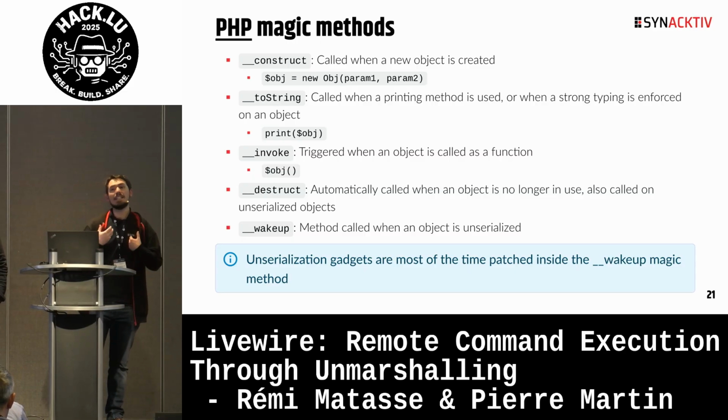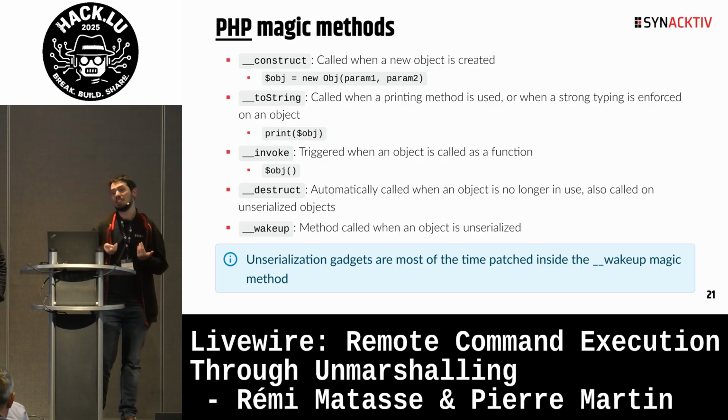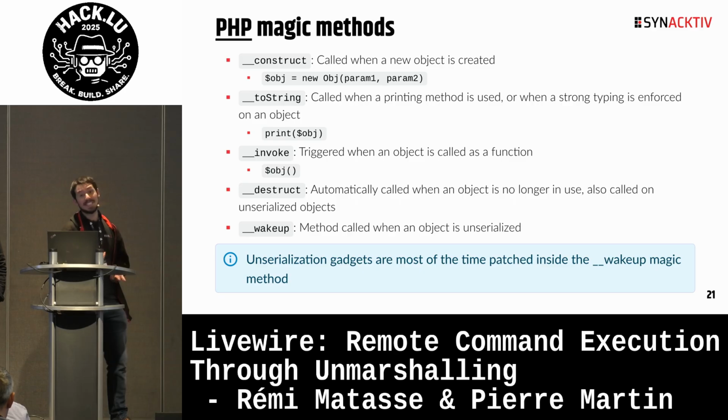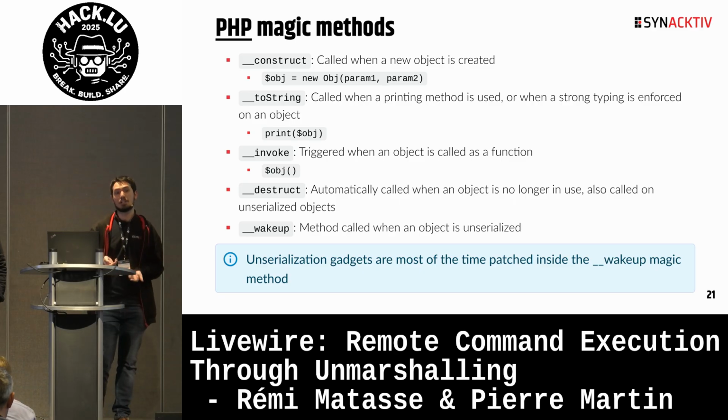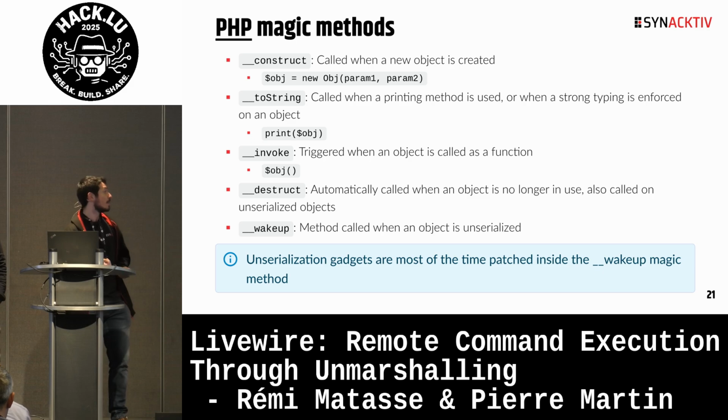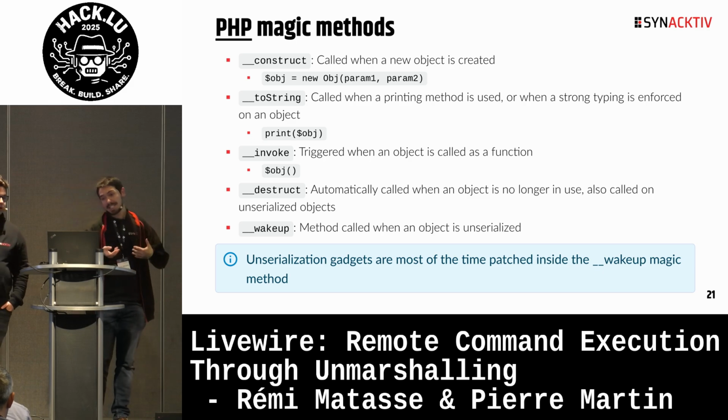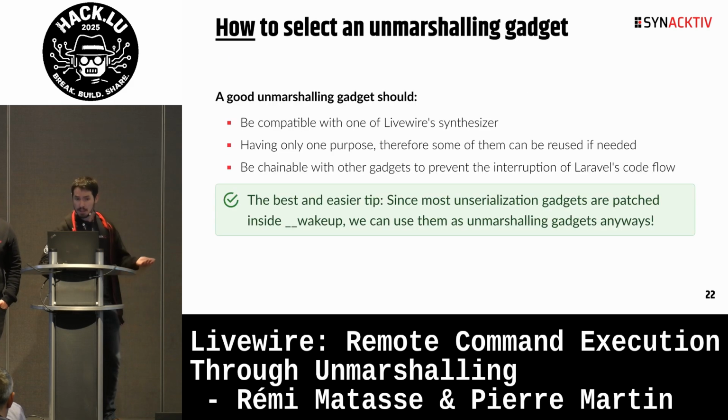And in our case, we don't work with unserialization, but with unmarshalling, which is not the same. And fun fact about that, most of the unserialization gadget chains working on PHP will be patched inside the wakeup function. So actually, we will bypass most of the patches.